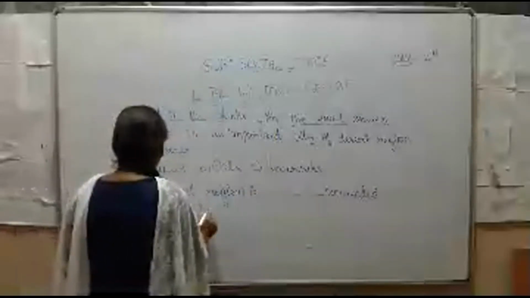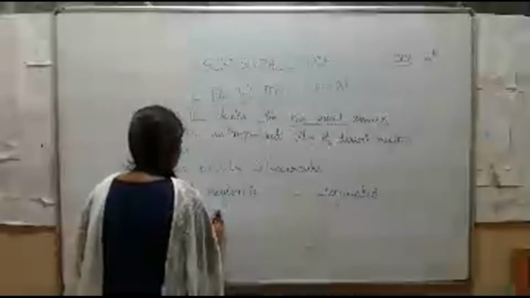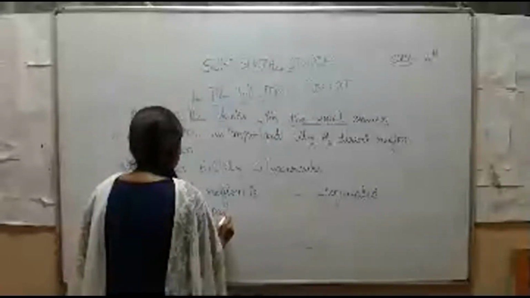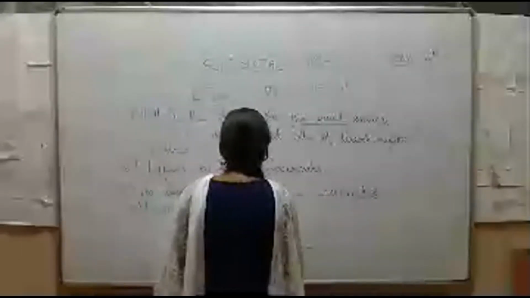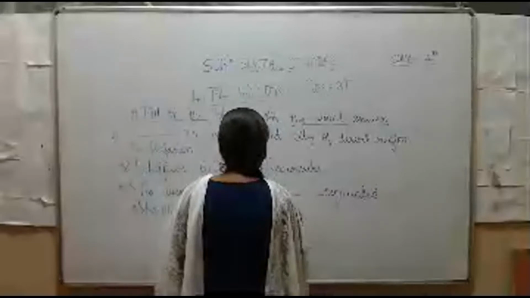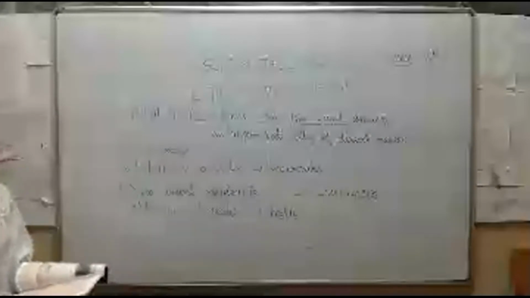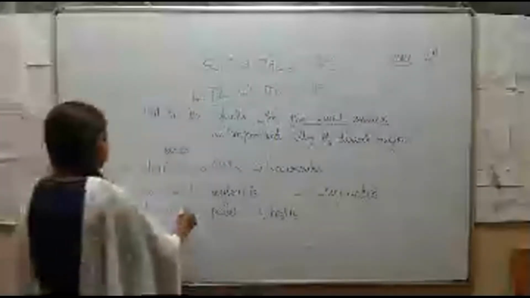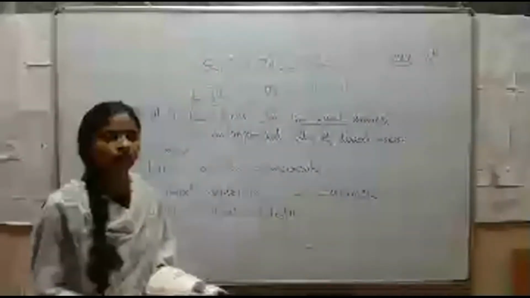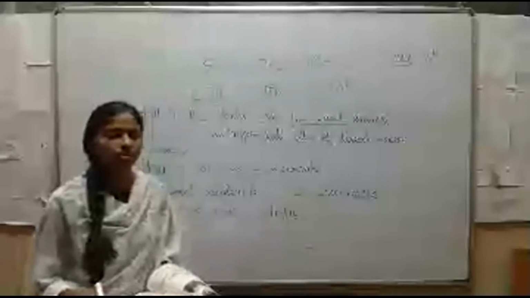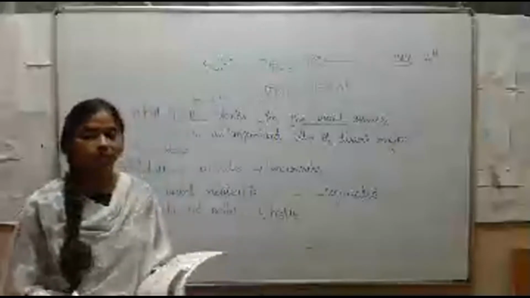Option B, sparsely. Option C, densely. Yes students, the answer is sparsely populated, because you can observe only few people there because of the extreme temperature.